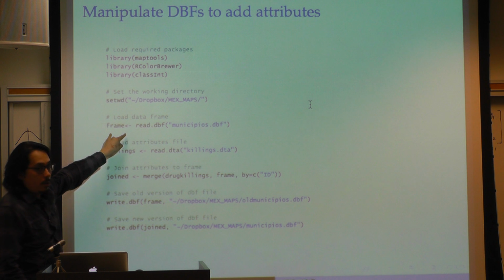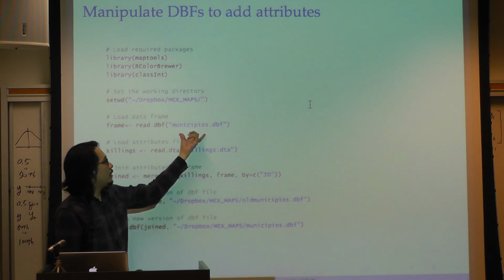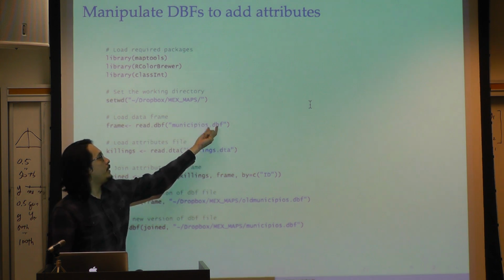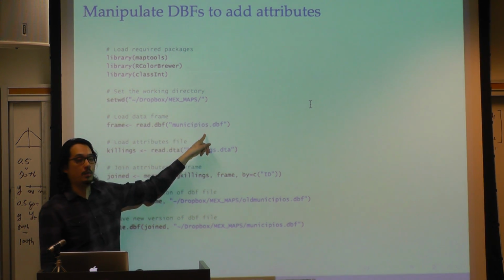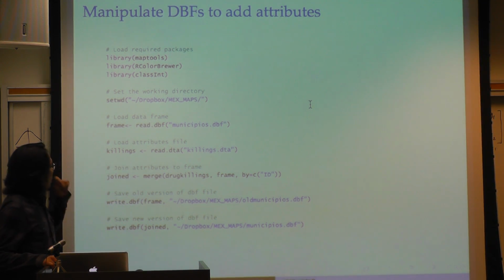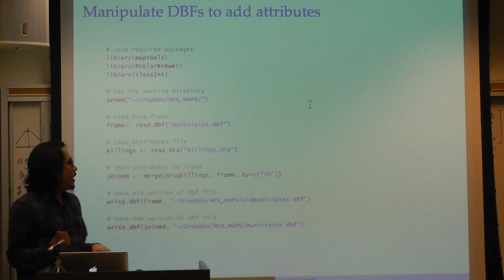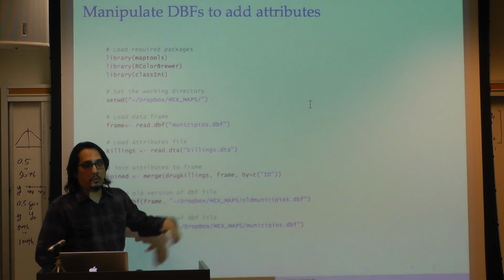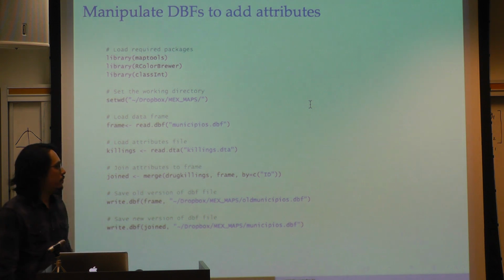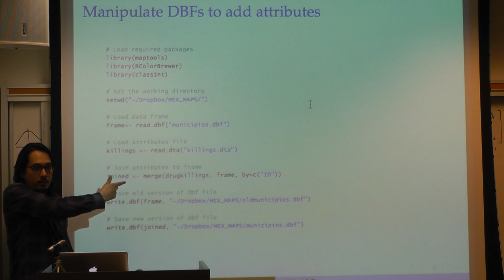Then I create an object that is going to be the data frame, which is going to be retrieved from the DBF file associated to the municipio's shapefile. Then I'm going to load the attributes data, which I have in this case in Stata format. So it could be CSV, Stata, or any format. And create an object called killings.